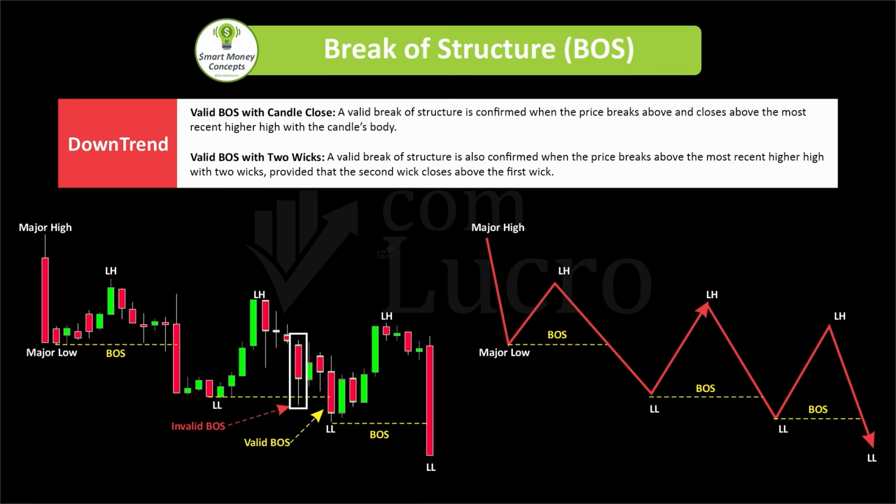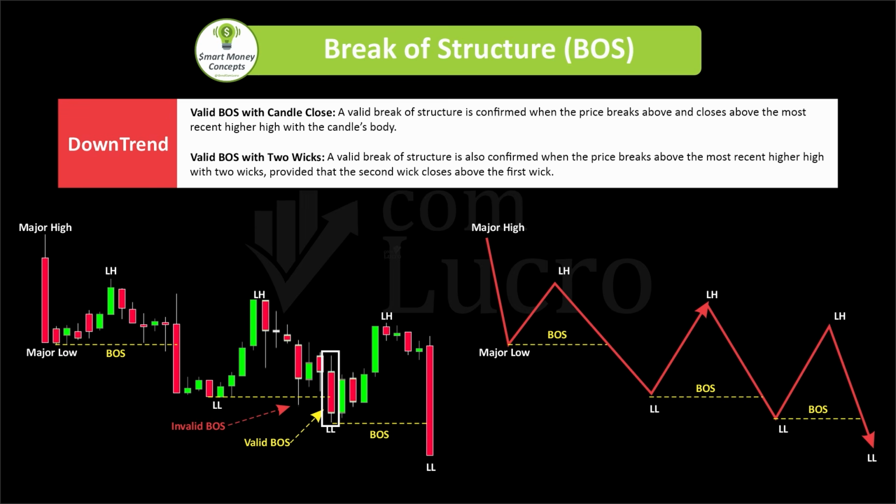Conversely, if the price breaks the recent lower low with a long shadow or wick and the candle's body closes above its range without the subsequent candle's shadow exceeding the first candle's wick, this is not considered a valid break of structure. To confirm a genuine break of structure, the price must close below the low's range with the candle's body.